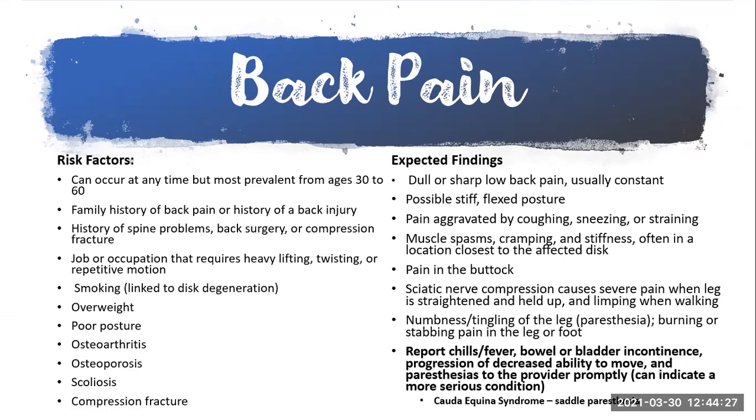Back pain is most prevalent from age 30 to 60. It can occur in any race, any sex. You're going to be at higher risk based off your occupation, heavy lifting, that kind of stuff. Again, smoking.